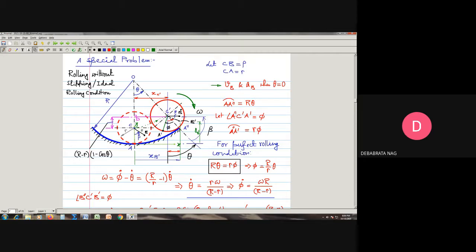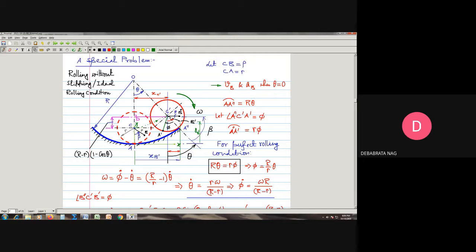We can also take different angular positions by varying this angle beta. For example, if we try to calculate the velocity of point A, which is here, I can make beta equal to 0 and rho equal to small r. So that's how I can take different points.